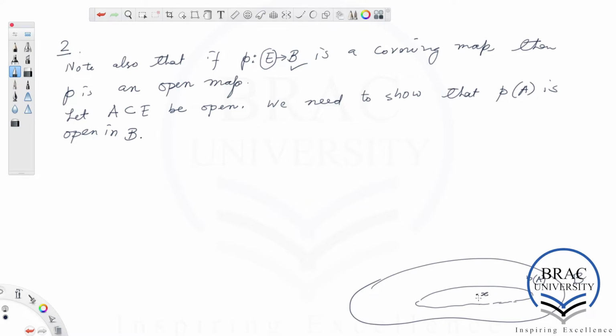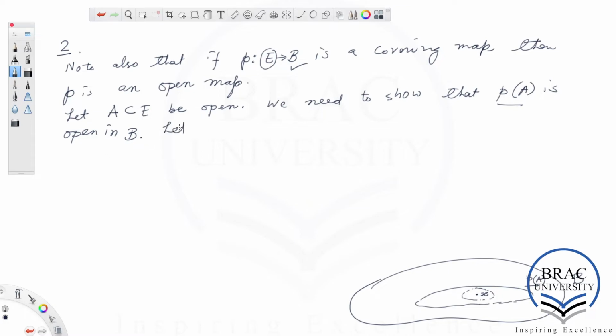If P of A is open in B, we will be able to find a neighborhood of X that is contained entirely in P of A. Okay, something like this. So P of A is open in B. That is what we need to prove.